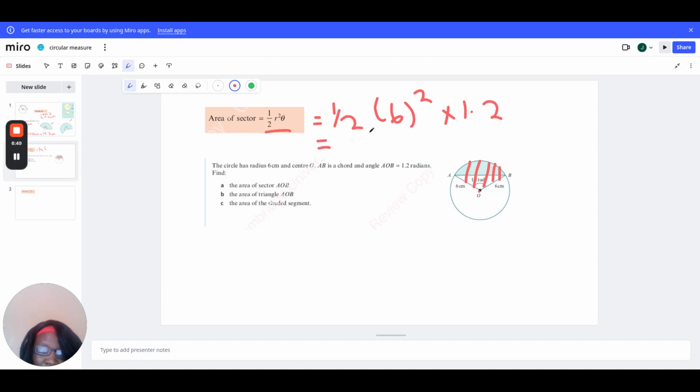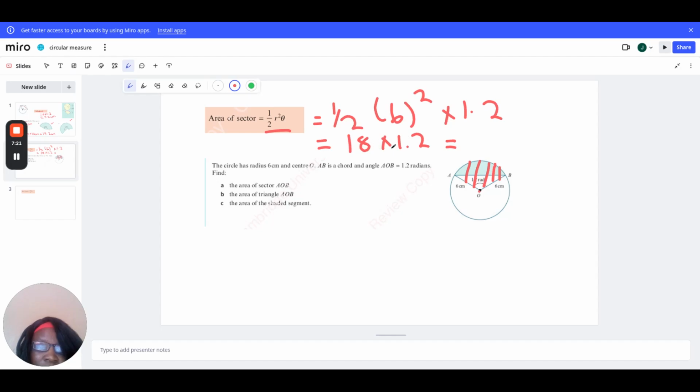So we have half of 36 times 1.2. I don't have a calculator right in front of me, so okay, we can actually do it. Is it, say, 18 by 10? It's 180.